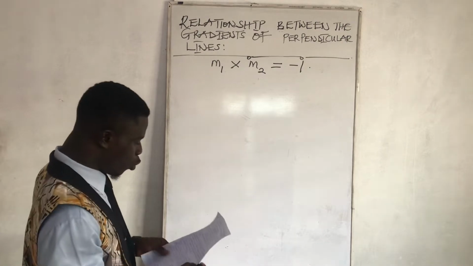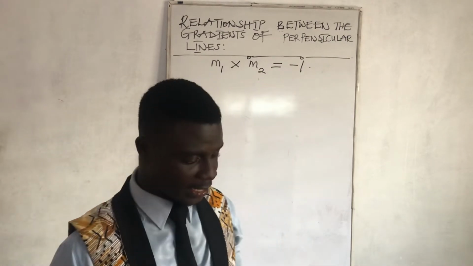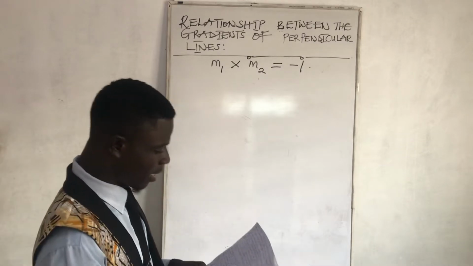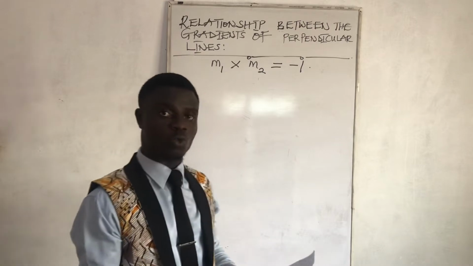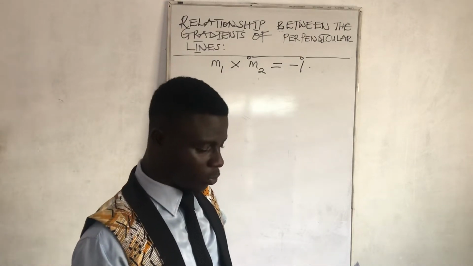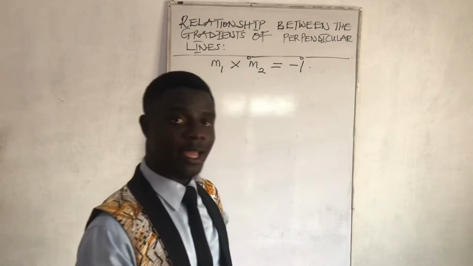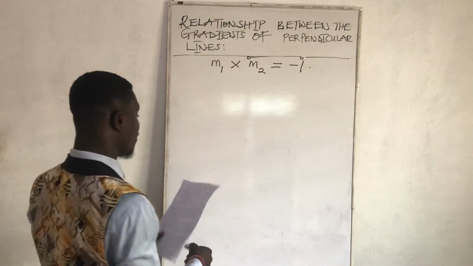So two lines are said to be perpendicular when the product of their gradients is -1. That is, if L1 is perpendicular to L2, then m1 times m2 must be equal to -1.